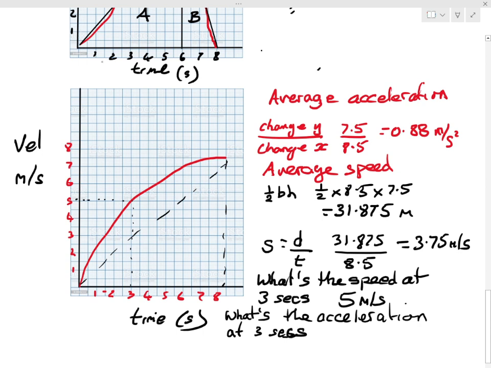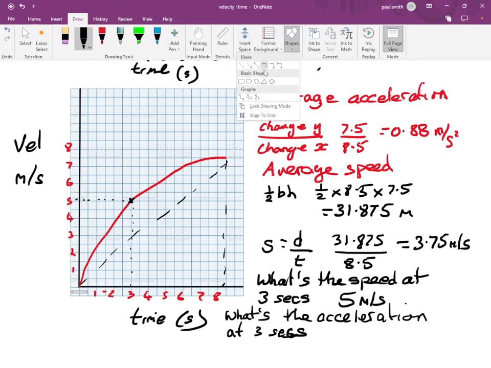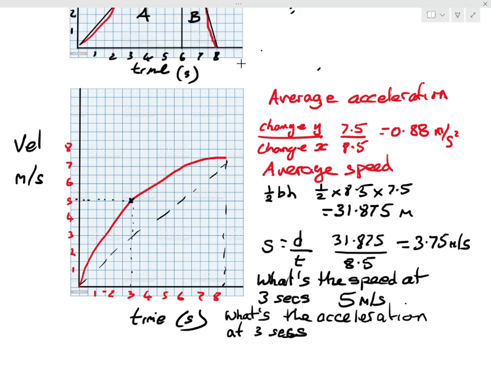Okay. Now, acceleration is done by the change in y over the change in x. But at 3 seconds there, we haven't got any changes because it's a specific point. So what we need to do here is draw a tangent, as best as you can do.